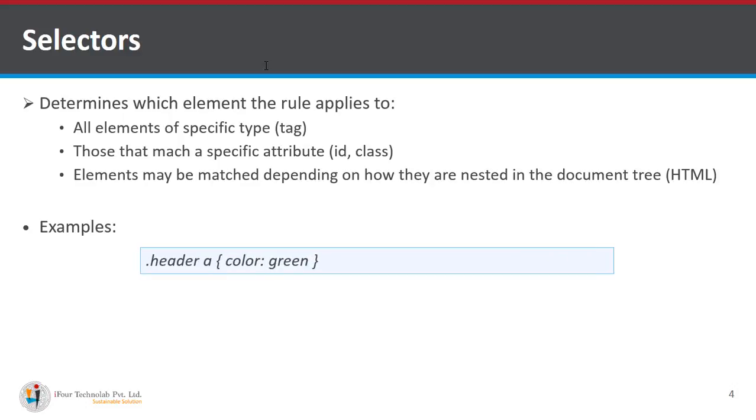Let's see an example. You can see here a dot header, that means a class having header. A is an anchor tag and color green. Similarly, second example, ID menu followed by its child li, padding top 8 pixel.